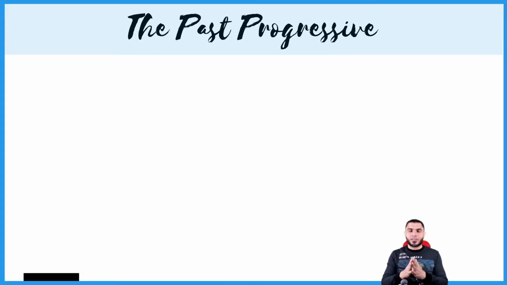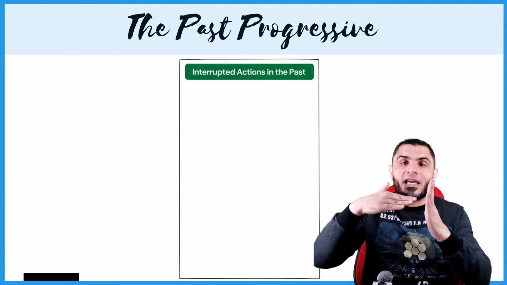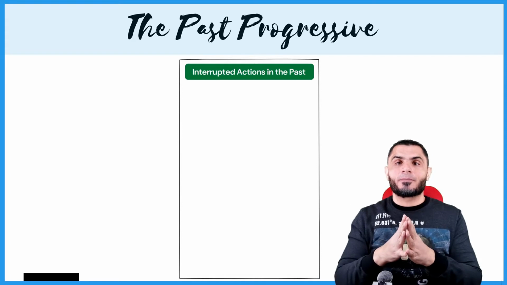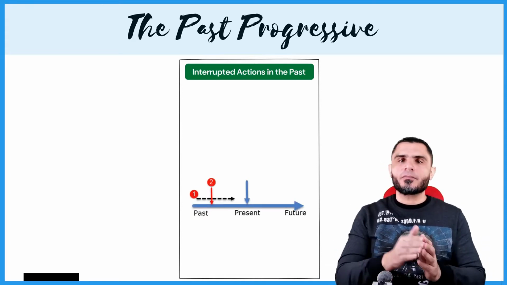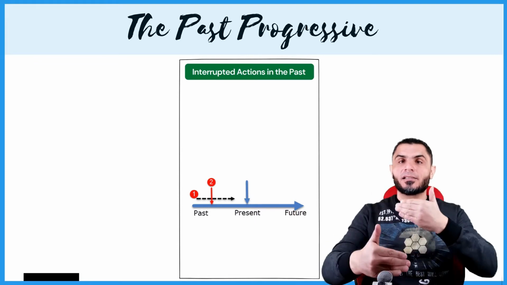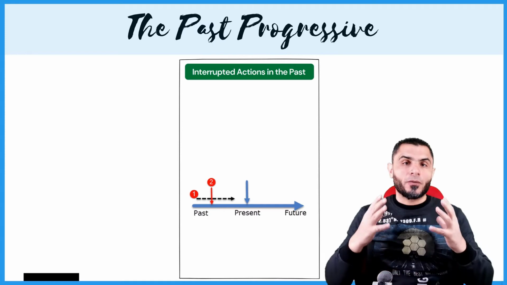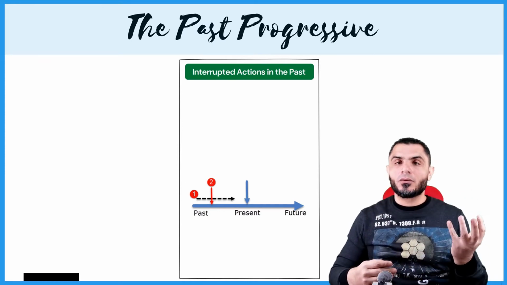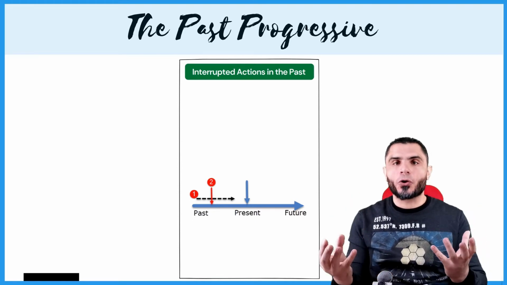However, there are other uses. The second use is when we talk about an action that was interrupted by another one in the past. Let's have a look at this picture. What does it show? It shows an action that was taking place, but another action interrupted it. So in this example, we are talking about two actions. One was long and another one was short.